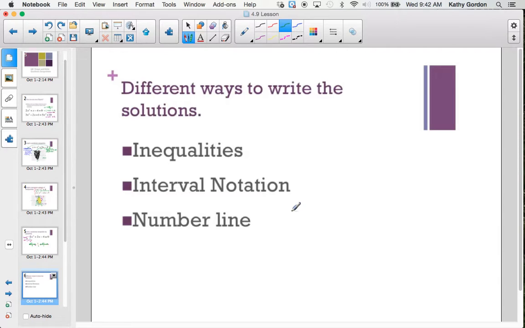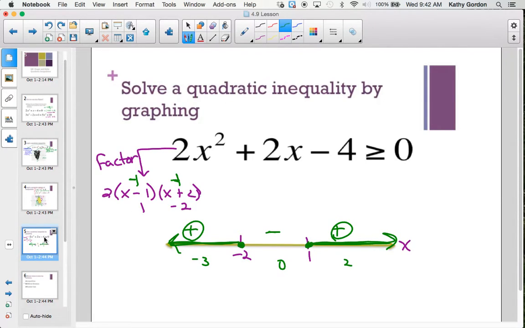So if we go back here to what we had, what would be the inequality that I would write based on what I'm seeing on this number line? It's x less than -2, and which one?